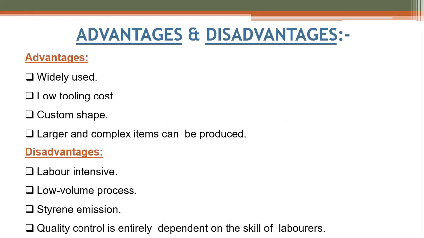Quality control is entirely dependent on the skill of the laborers, so the skill of the laborer defines the quality of the entire product. These are the general advantages and disadvantages of the hand layup process.